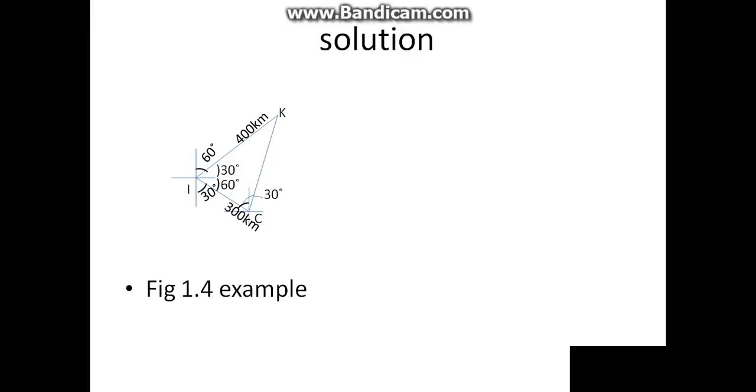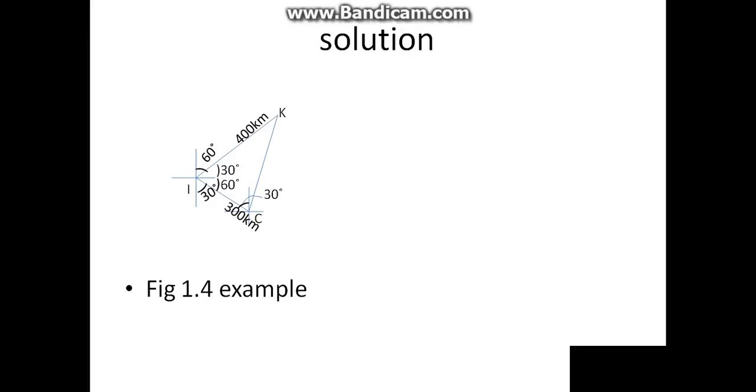So the angle that the distance joined from Calabar to Ilorin makes is 30 degrees. Then the remaining inside will be 60, since it is inside a right angle triangle of a Cartesian coordinate.